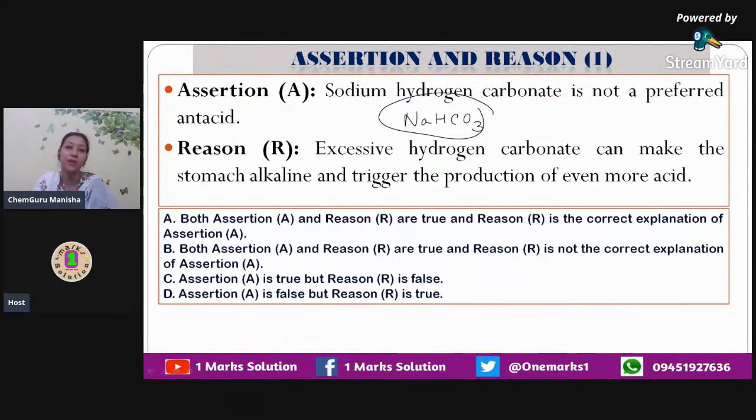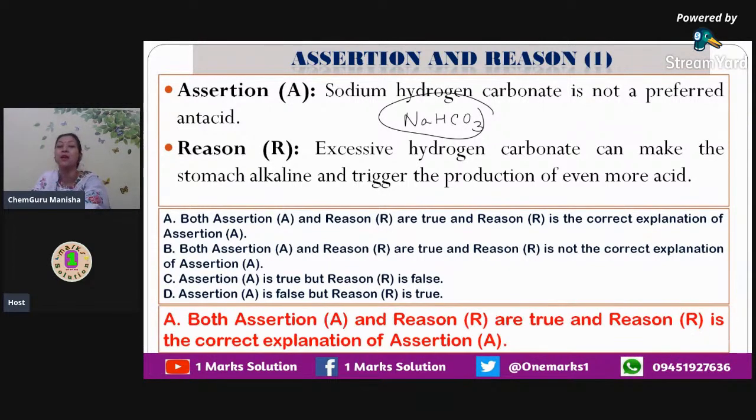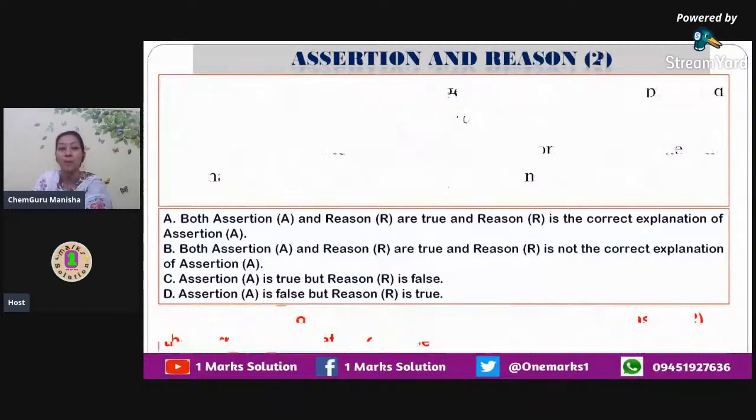Once you have an excess amount of HCl, you get acidity, because of which you have to use an antacid. Now, the reason says excessive hydrogen carbonate can make the stomach alkaline and trigger the production of even more acid, which is true. So NaHCO3 will release more carbon dioxide, and that will produce even more acid. That is why assertion and reason both are true and they are explaining each other well.